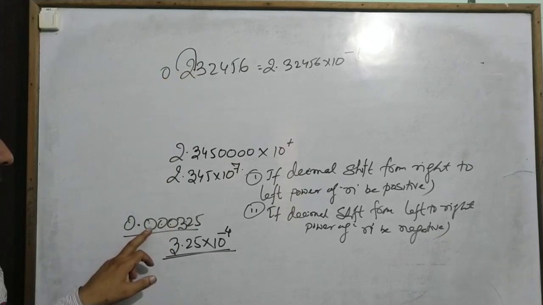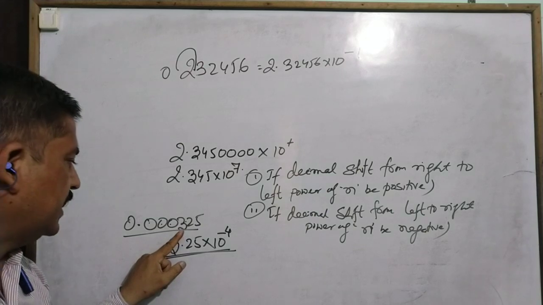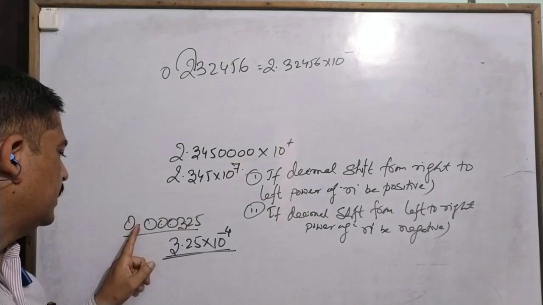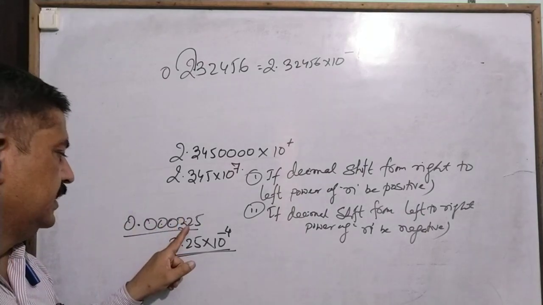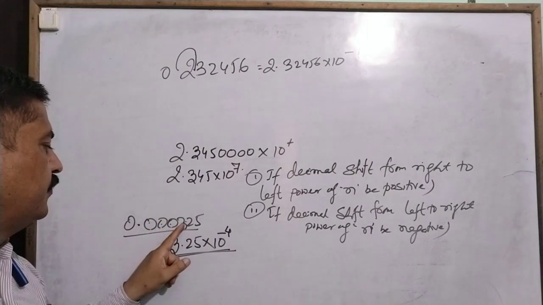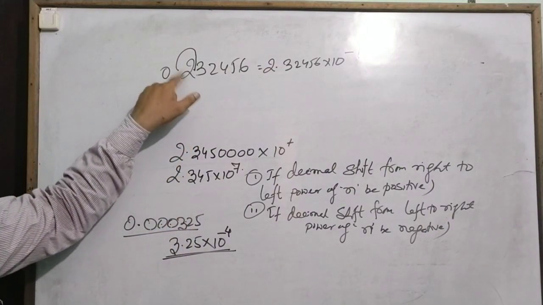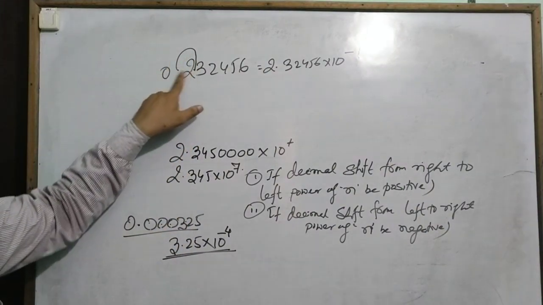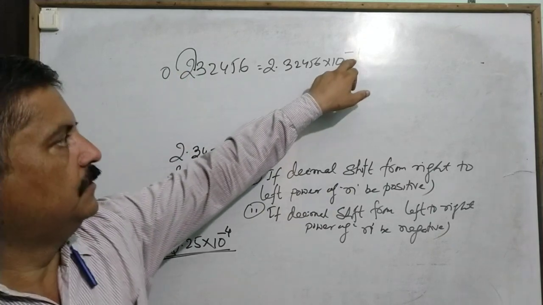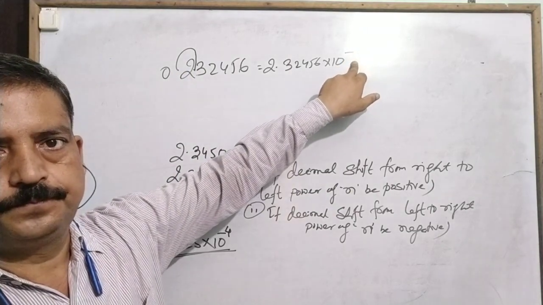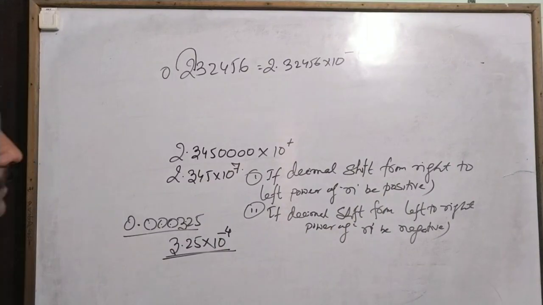In that example, the first natural number is 3, so the decimal shifts to the 3. We counted 1, 2, 3, 4. Here only one decimal shift is needed, so that's the standard form.